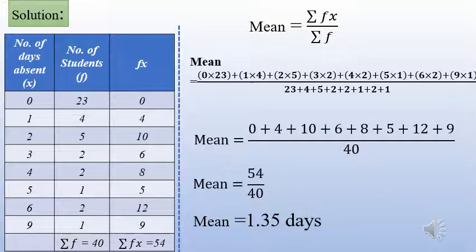So we have mean is equal to 0 plus 4 plus 10 plus 6 plus 8 plus 5 plus 12 plus 9 over 40. 40 is the sum of frequency. Then we have mean is equal to 54 over 40. Our answer is 1.35 days. That is the mean of data.